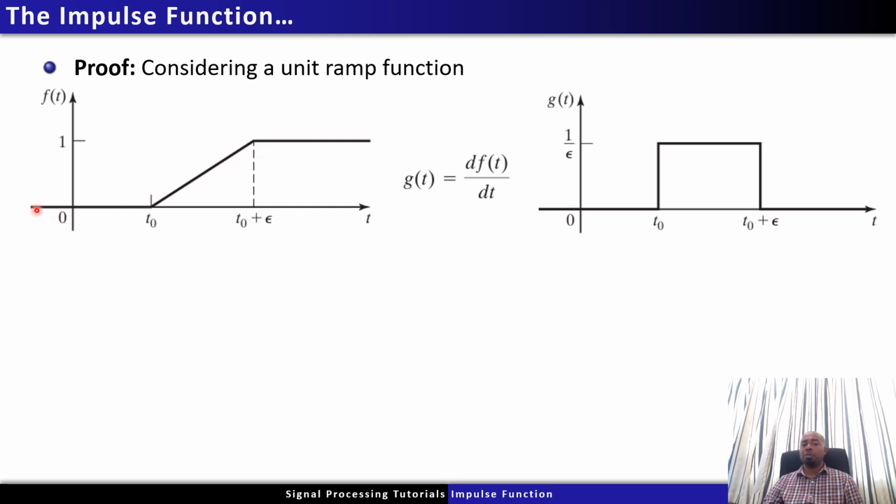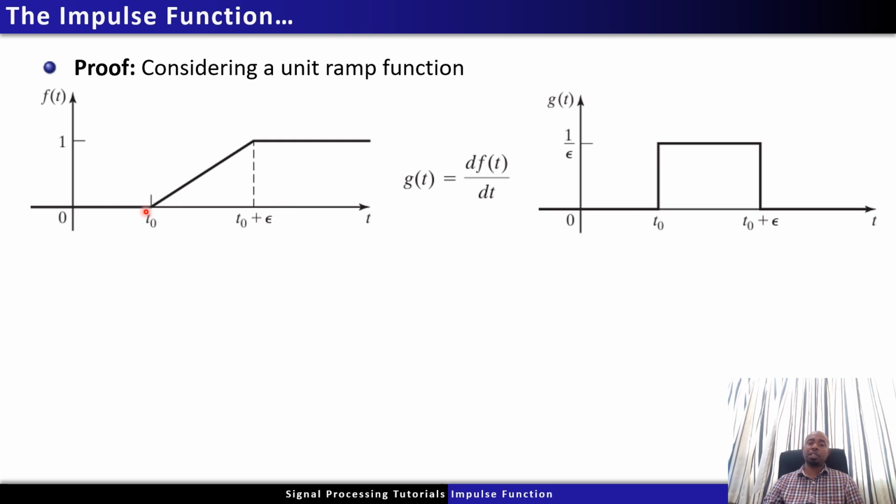As time increases from minus infinity to t naught, this function is 0, and so is the derivative. And again, as time increases beyond t naught plus epsilon, the function is constant, so the derivative will again be equal to 0.